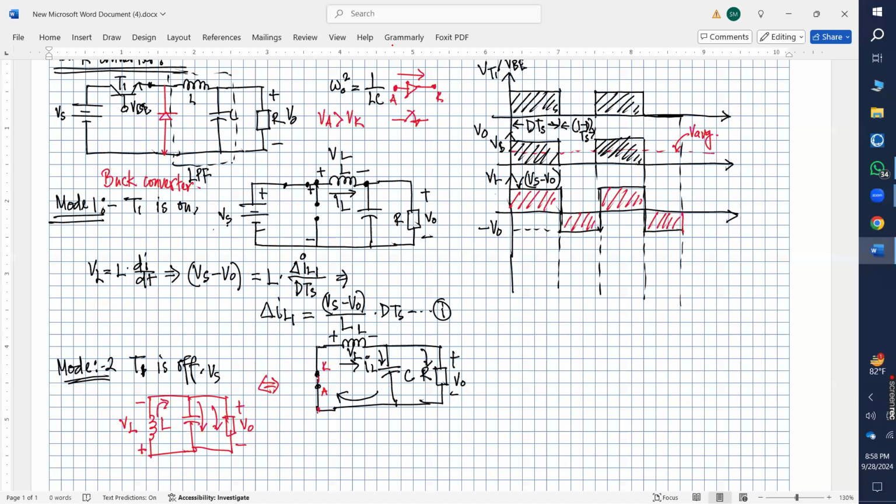Although we are considering it to be ideal, your cathode voltage will be slightly lower than the anode because your current is going in this direction. So it will simply act like an ideal switch that doesn't have any potential drop, because as of now we are considering everything to be ideal. You got my point?